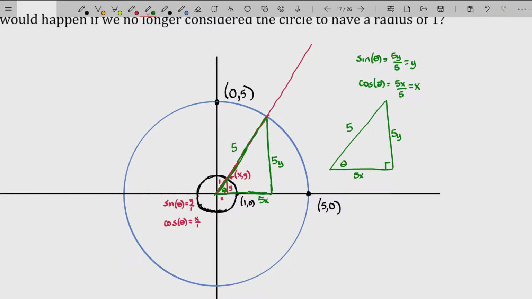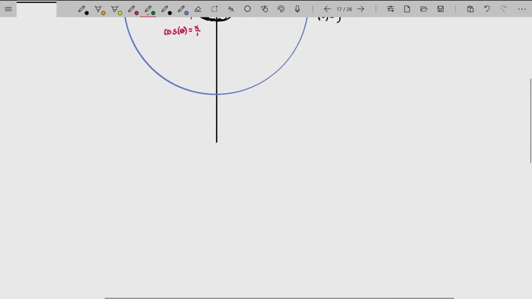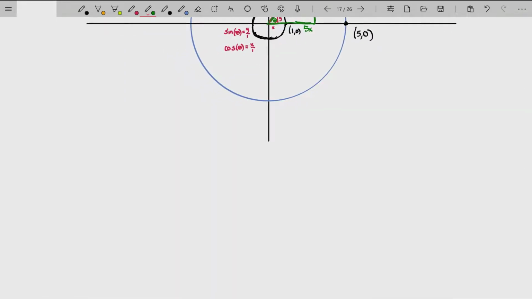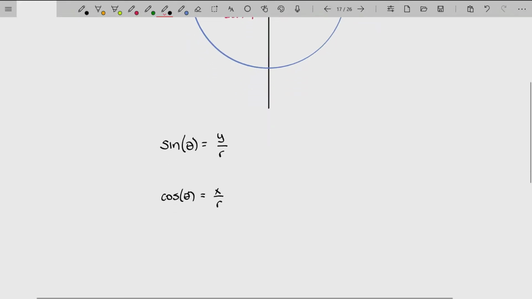It turns out that if you increase the radius of the circle, the true definition, what I call the point definition for the trig functions, are the following. The sine of the angle is going to be the y value over the radius of the circle. The cosine of the angle is going to be the x value over the radius of the circle.